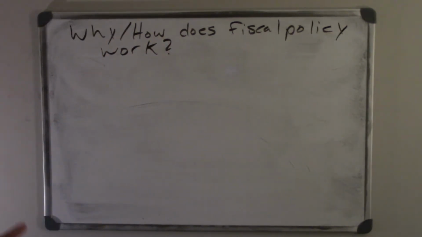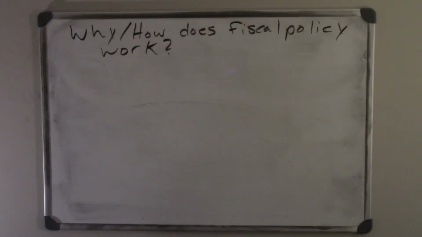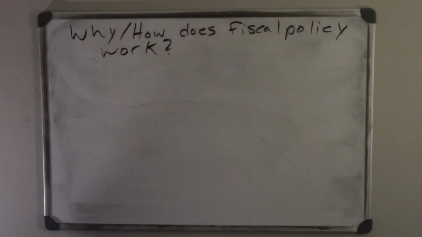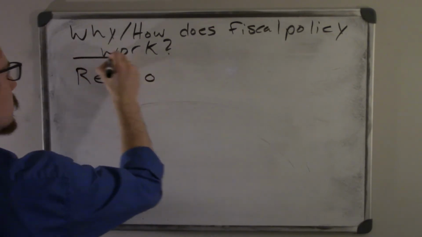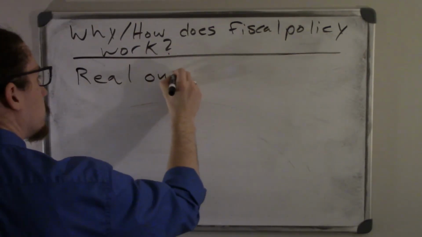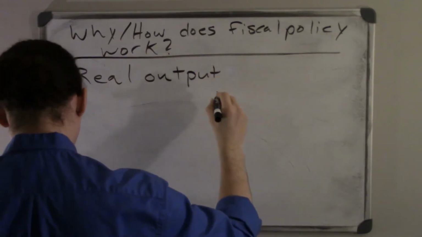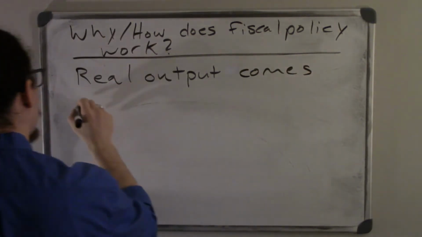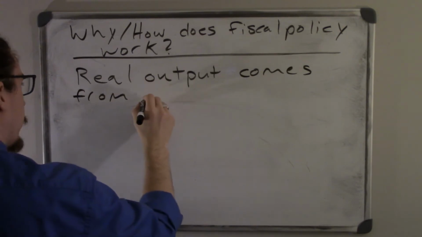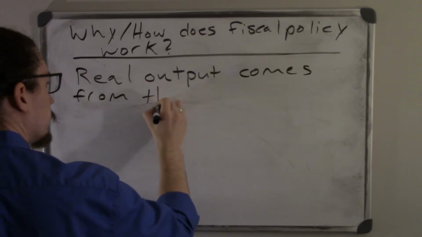All right, next we're going to look at the question, why and how does fiscal policy work? So how is this going to happen? All right, we know that real output comes from the real factors of production.